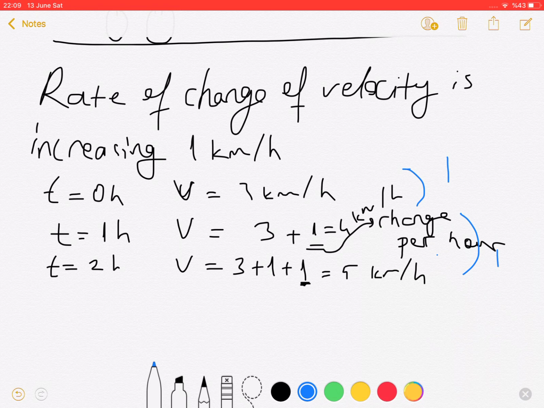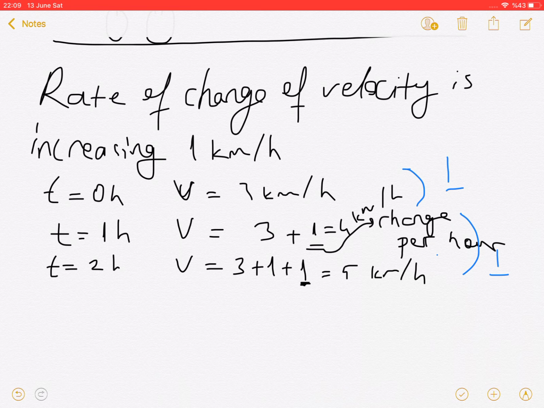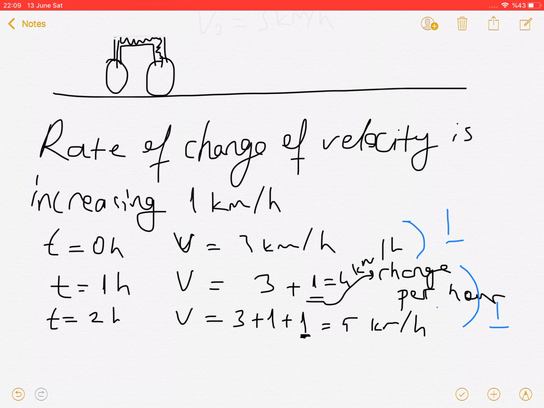So my rate of change of velocity is 1, and my difference between the velocities is also 1. I hope that starts to make sense to you, because this means that after 10 hours, my velocity becomes 13 kilometers per hour, because per hour my velocity increases by 1.